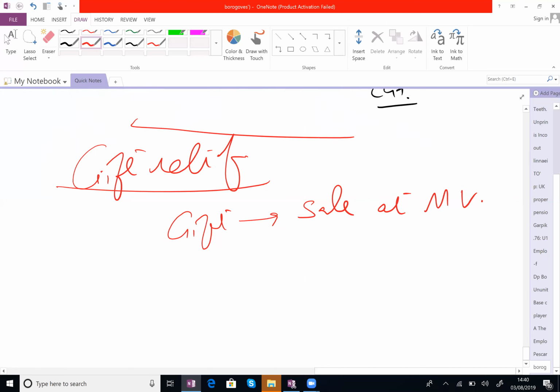When you say that you are gifting the asset, the tax department says no, you are not gifting, you are selling the asset at market value. And if something is sold, CGT will apply. So gift means, in the eyes of the tax department, it is a sale, and you have to pay CGT on this gift. How to pay?